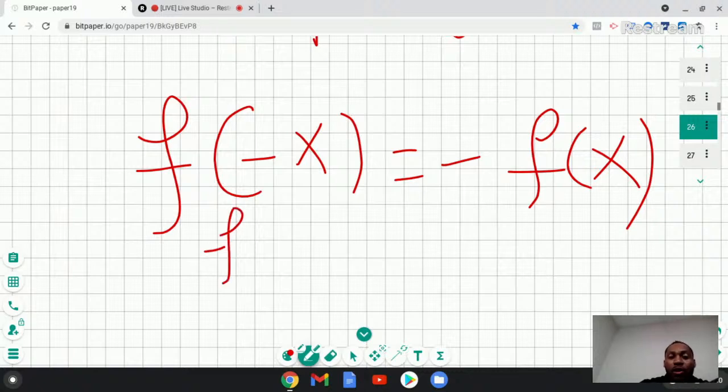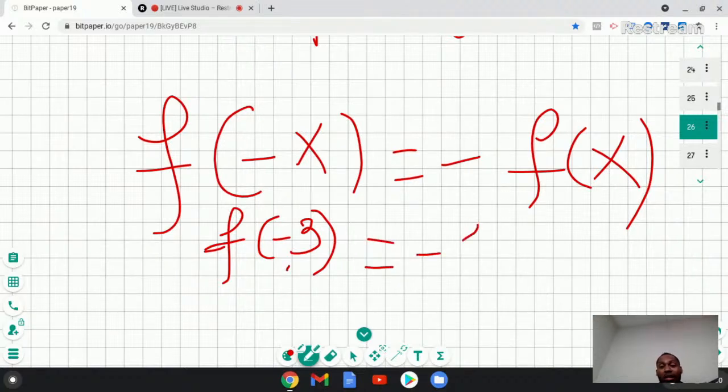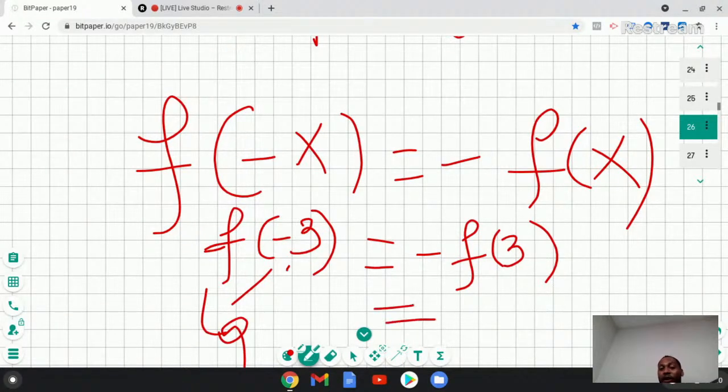And I'm going to put some numbers so you can understand what I'm saying. This is for any x values that are part of the domain, of course. So we're speaking in terms of the x values that are part of the domain. f of negative 3 is equal to negative f of 3. So if f of negative 3 was 9, f of 3 would be the negative of that, so that would be negative 9. So what are we saying?